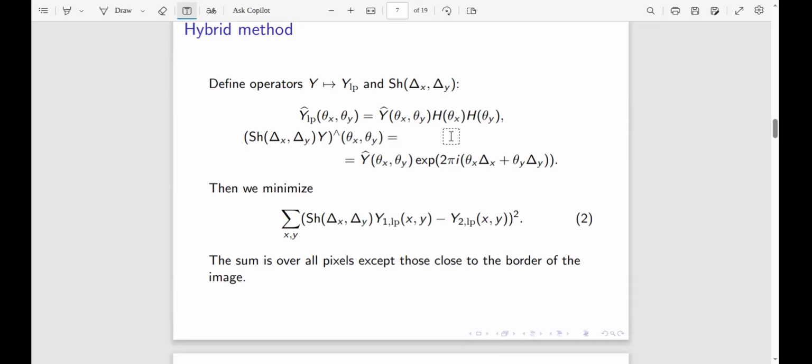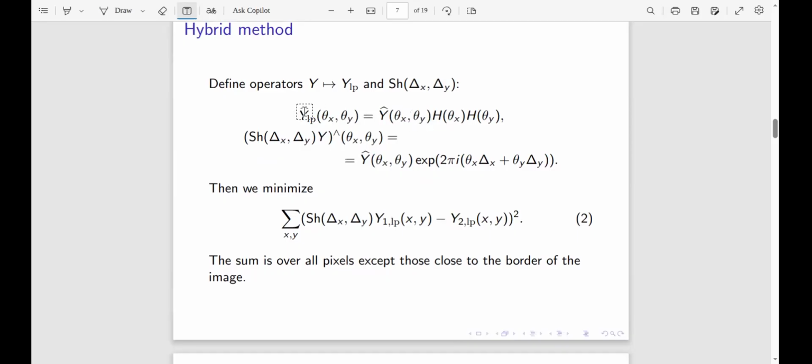We made two operators. One operator is a smoothing operator, or approximation interpolation operator.